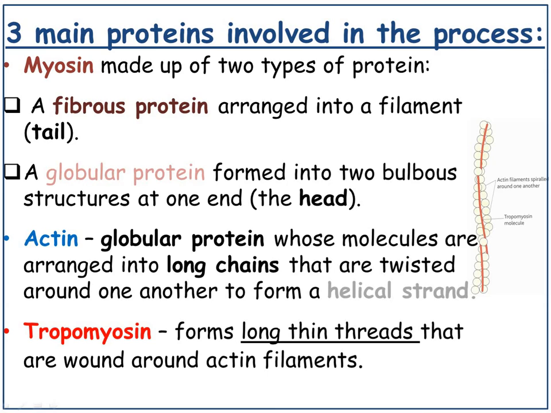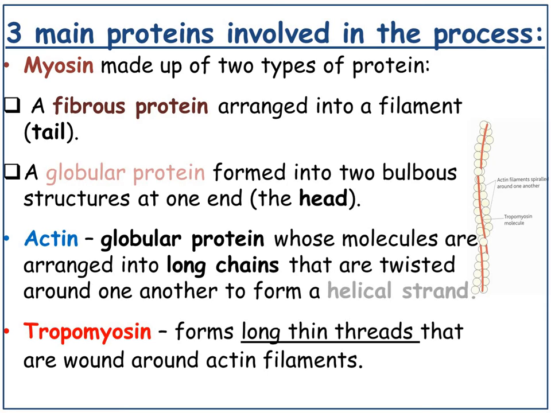So there are three main proteins involved in the sliding filament hypothesis. The thicker myosin is made up of two types of protein. It has a fibrous protein, which is arranged into filaments, known as the tail, and then a globular protein which forms into two bulbous heads.